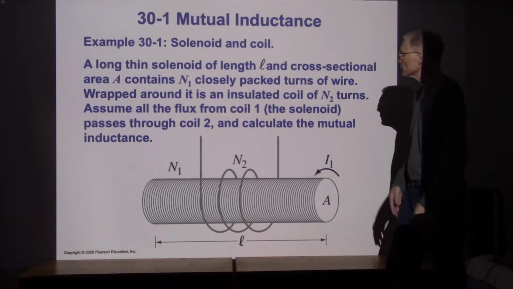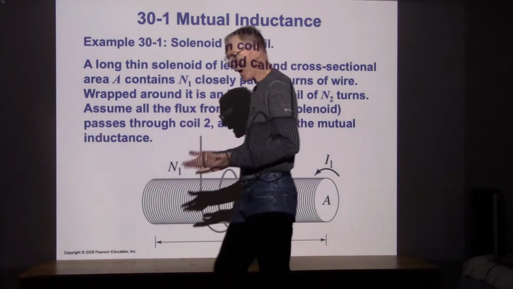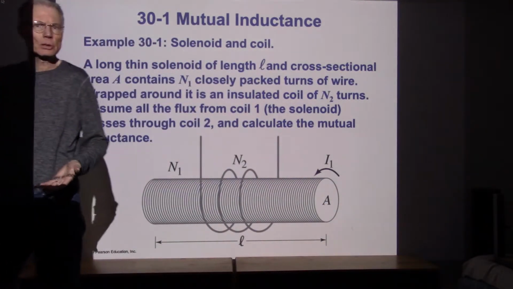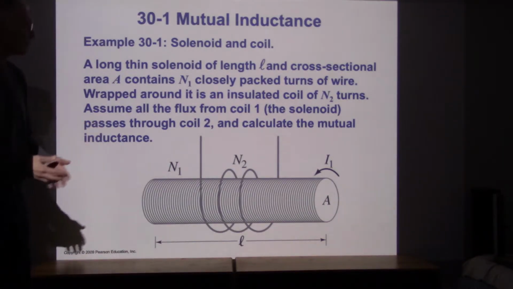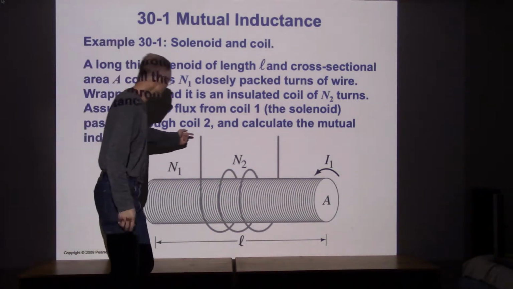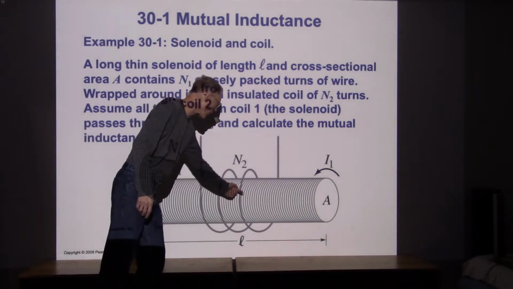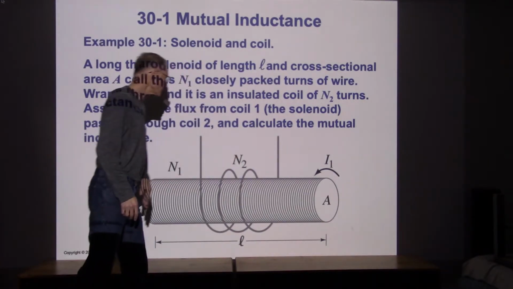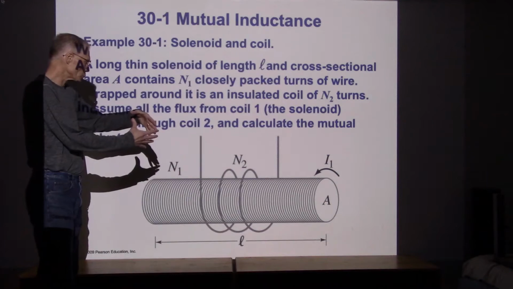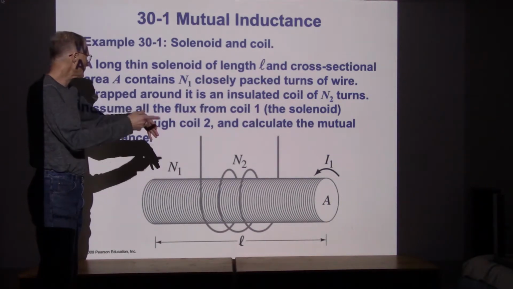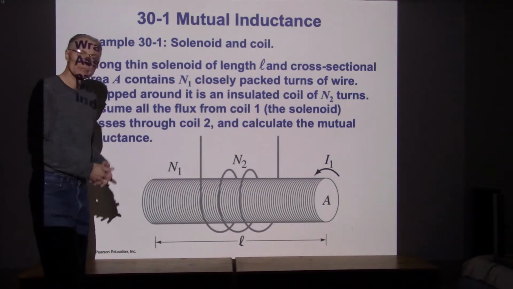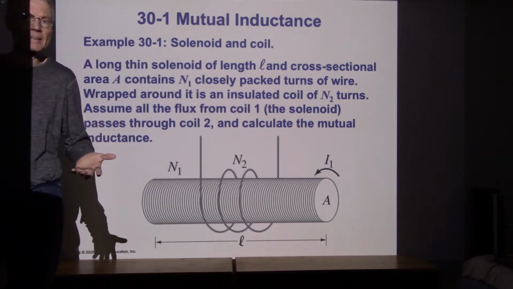Now what they want us to do is figure out how much mutual inductance we have for this particular setup. And what we've done is we've taken another set of wires, not so many loops, N2, and we've placed it very close, wrapping around this solenoid. So what we want them to do is share the magnetic field lines.